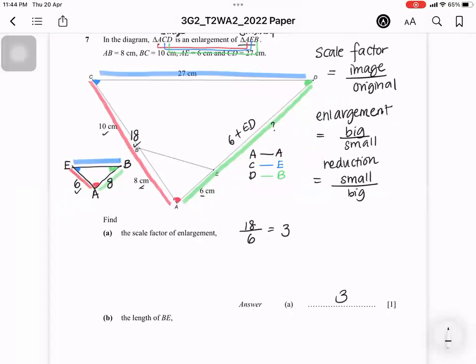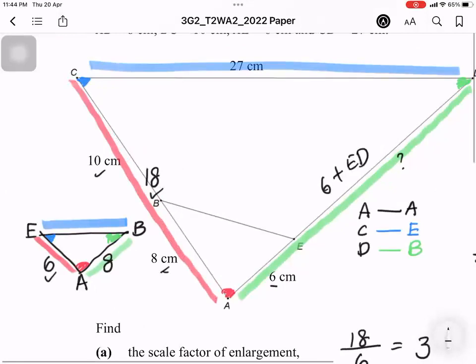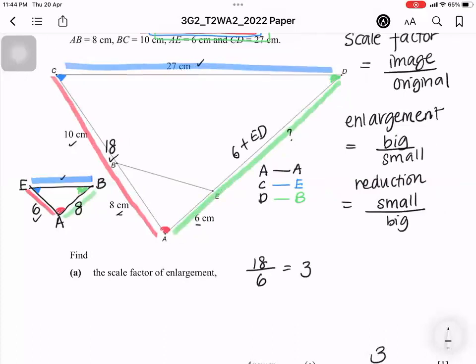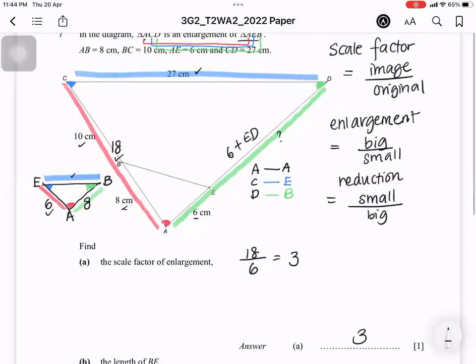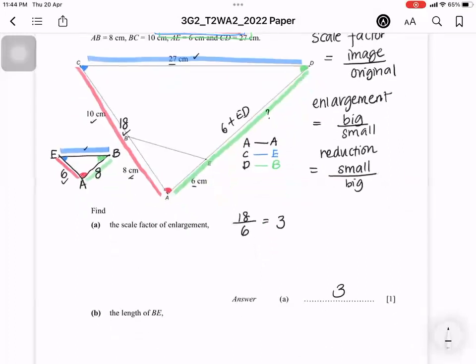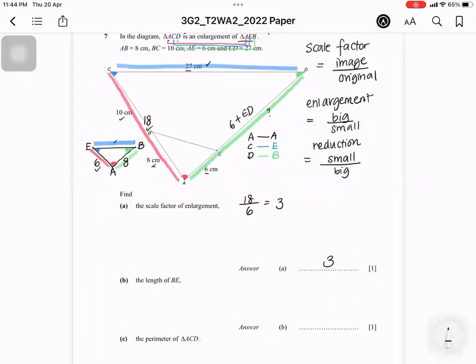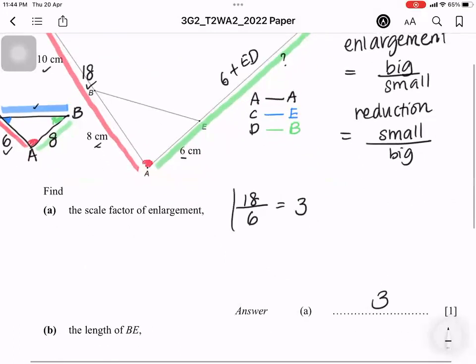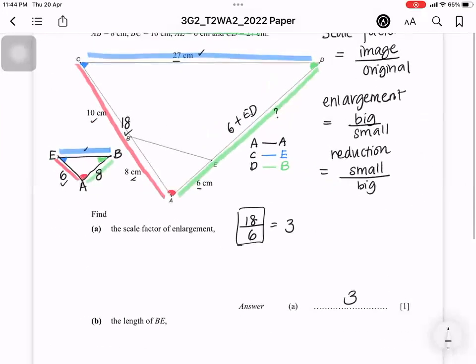Next question, they asked me to find the length of BE. Where is BE? BE is the blue color, so it should match. I already know that the original is 27. So I have big over small, 27 over EB. My scale factor is big over small, 18 over 6, which is 3.